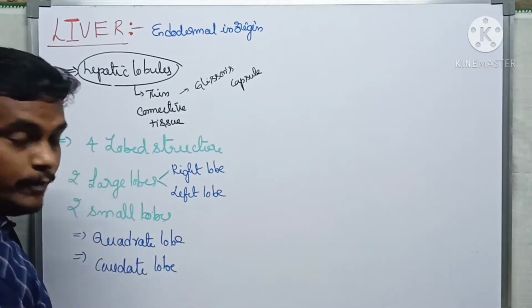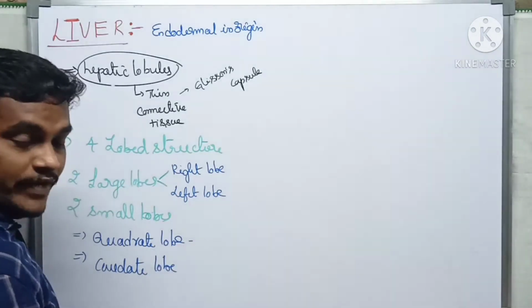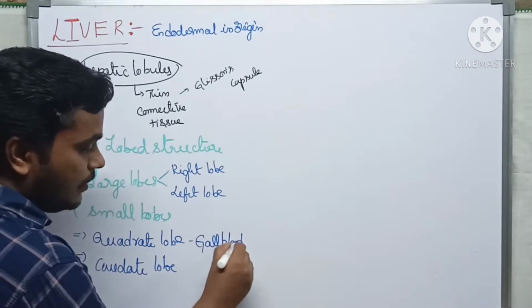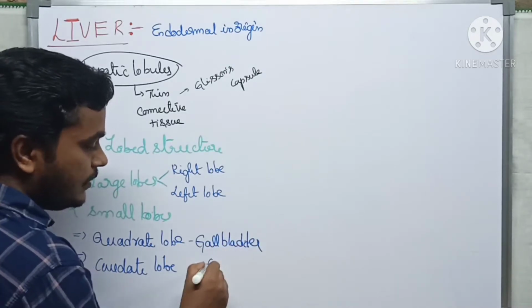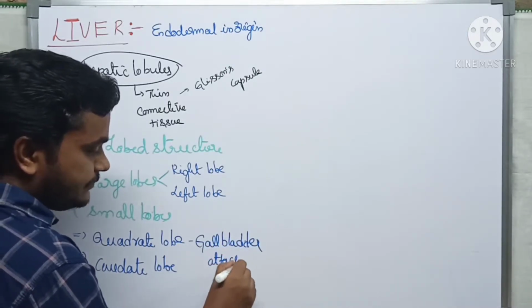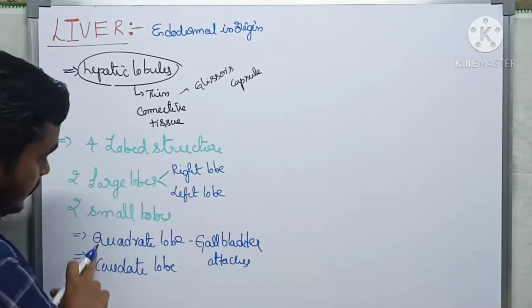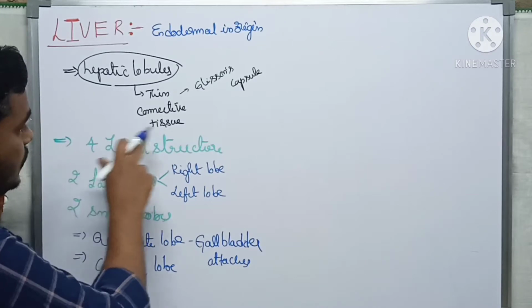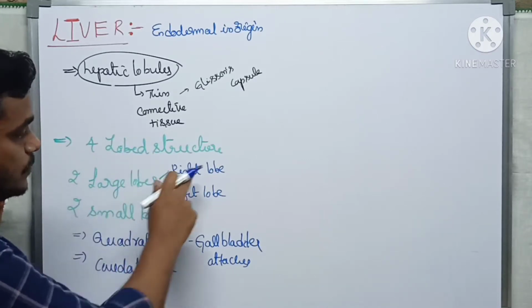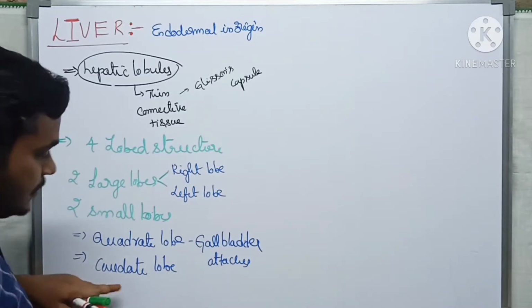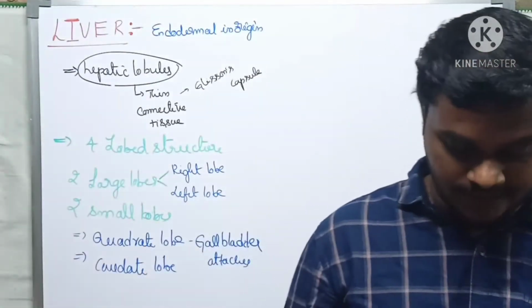The quadrate lobe is the place where the gallbladder attaches. So here we see a four-lobed structure: two large lobes, the right lobe and the left lobe, and two small lobes, the quadrate lobe, where the gallbladder attaches, and the caudate lobe. These are the four lobes present in our liver.